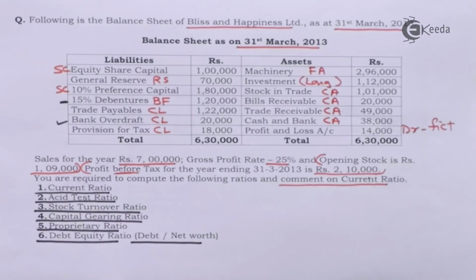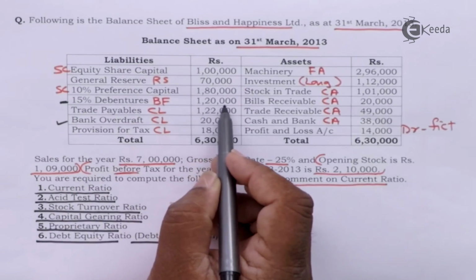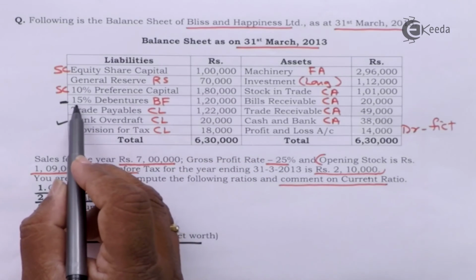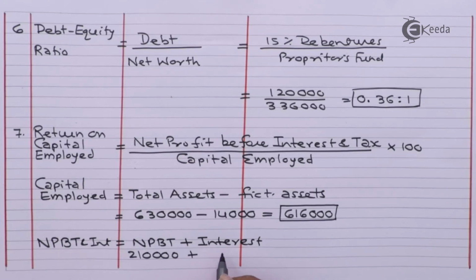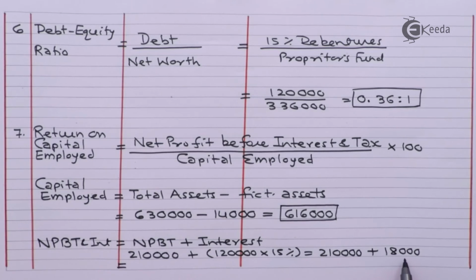For calculation of interest, we are required to see 15% debenture. Amount is 1,20,000. So on this 1,20,000, we are required to calculate 15% interest. So it is 18,000.